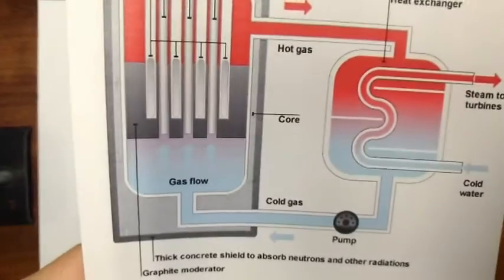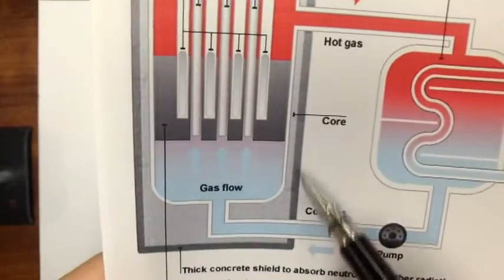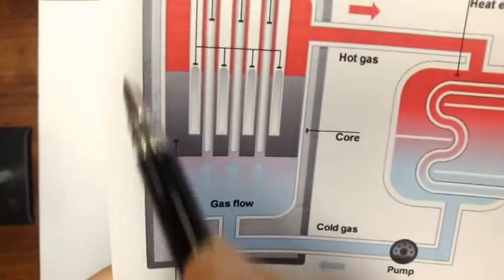The last thing then that we're going to look at is this section here. This is the outside of the reactor vessel itself, and that is known as the shield.